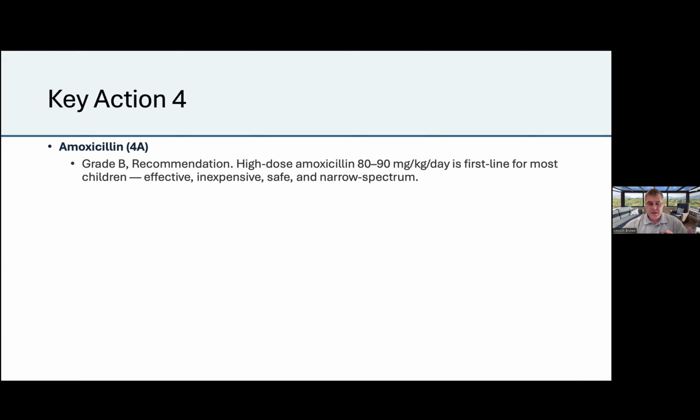Their rationale is that high dose covers the minimum inhibitory concentration in the inner ear for some of the mildly resistant strains that cause acute otitis media. It's effective at the high dose range. It's inexpensive. It's safe. We've studied it a bazillion different ways. And it has a narrow spectrum and fewer side effects.